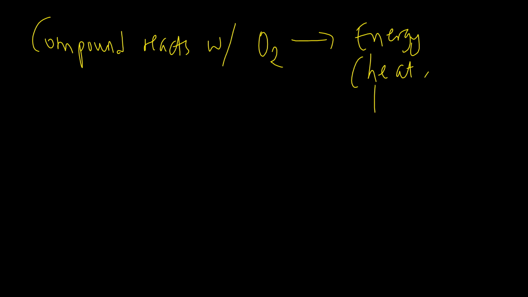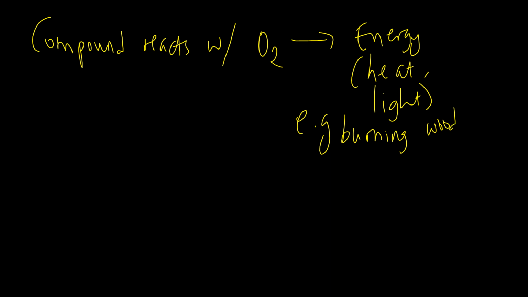So oftentimes, the energy is released in the form of heat. It can also be released in the form of light. An example of this is when you have a burning log of wood. This is a great example because the wood is actually what you would call an organic material. It contains lots of carbon, lots of hydrogen.